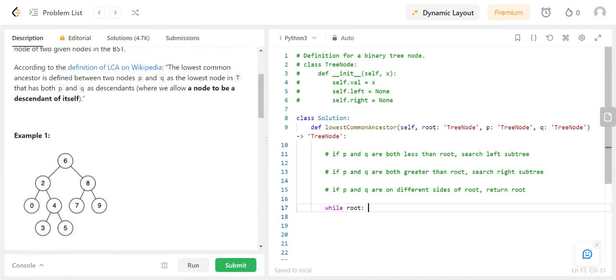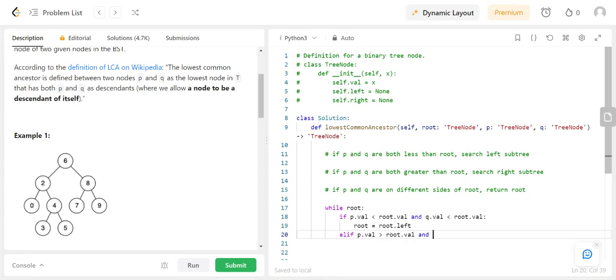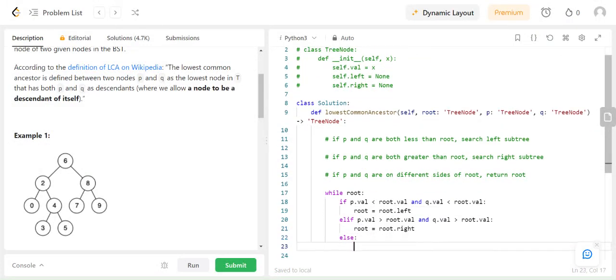So while root, if p.val less than root.val and q.val less than root.val, root is equal to root.left, else if p.val is greater than root.val and q.val is greater than root.val, root is equal to root.right, else return root.